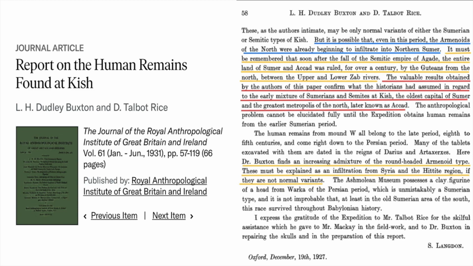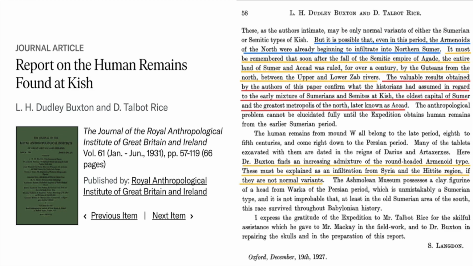The valuable results obtained by the authors of this paper confirm what the historians had assumed in regard to the early mixture of Sumerians and Semites at Kish, the oldest capital of Sumer and the greatest metropolis of the north, later known as Akkad.